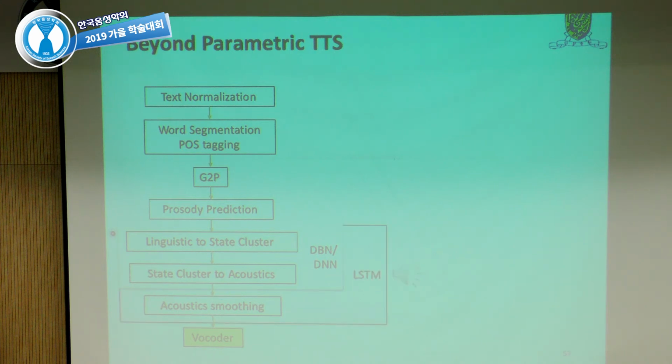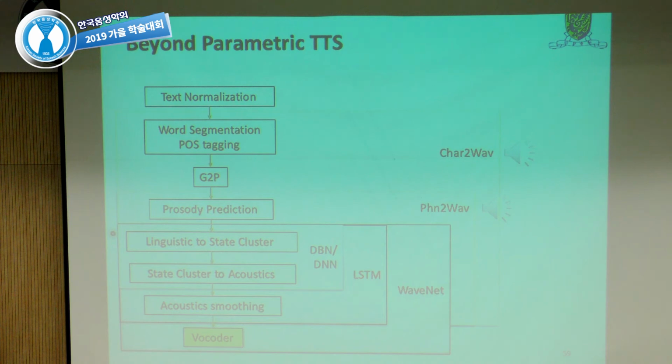We combine the acoustic smoothing. This is WaveNet. We combine even the vocoder, and we do the sequence to sequence mapping from the phoneme, or even from the character to the output speech.